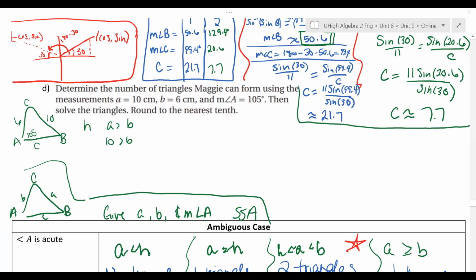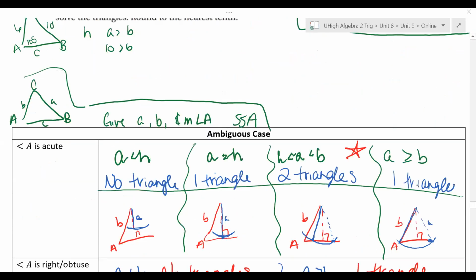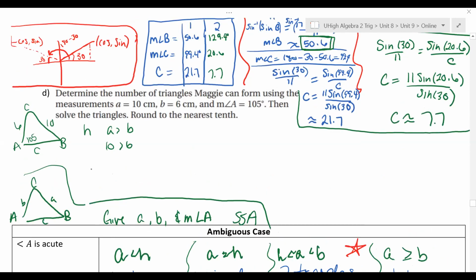If I look down at my ambiguous case chart, if a is greater than or equal to b, then we're only going to have one triangle. So we only have to solve for one triangle this time.